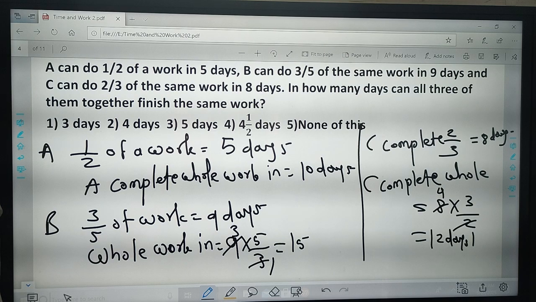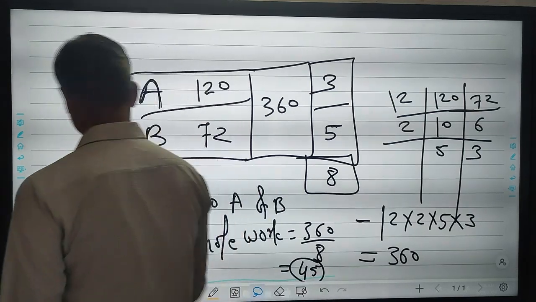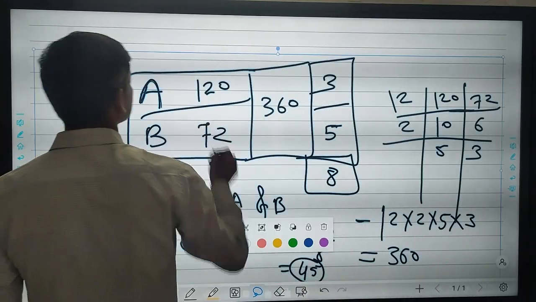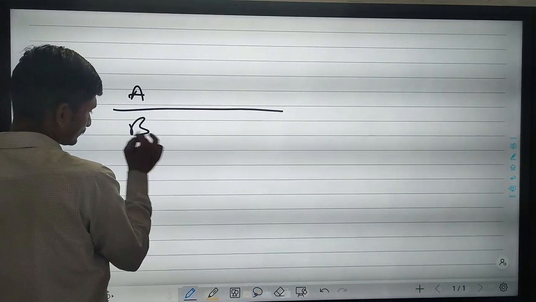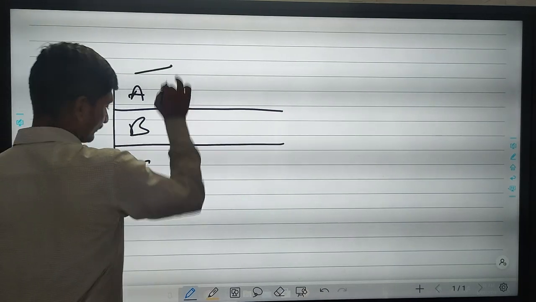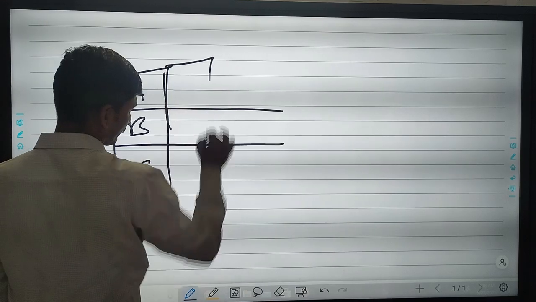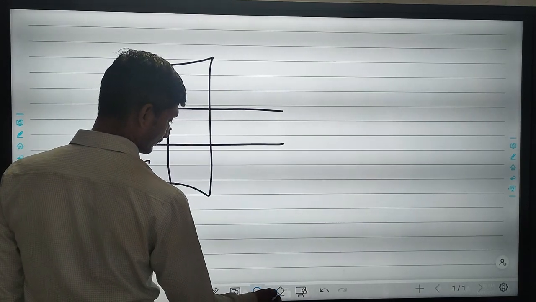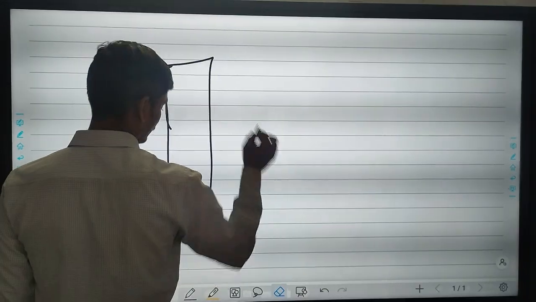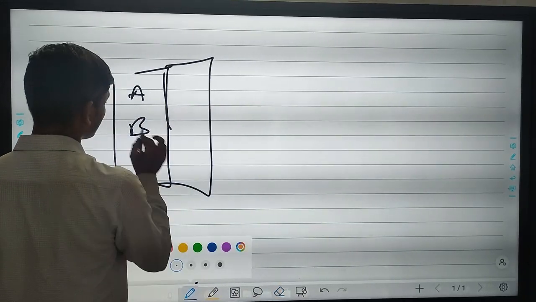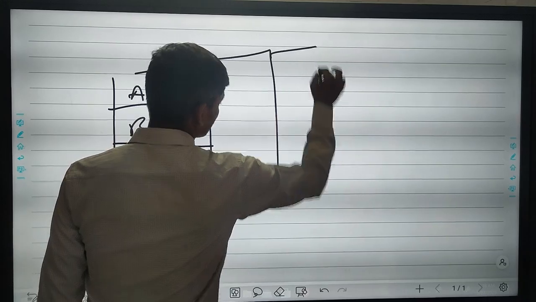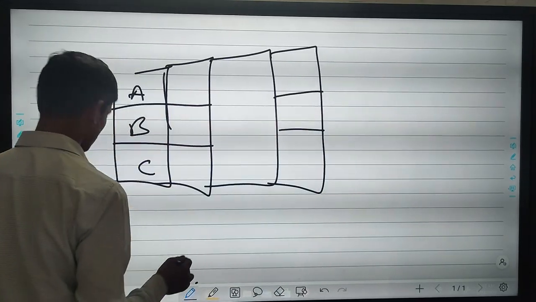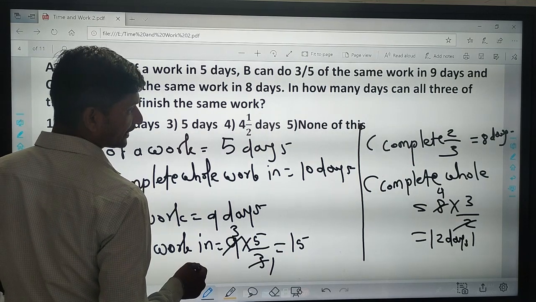Now A, B, C work together. Now they will finish the same work. A, B, C complete the whole work in 10 days, 15 days and 12 days.